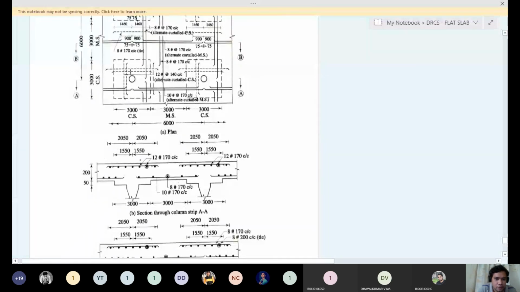See here it is shown as 12 dia 170 center to center, both in the negative and positive. And 8 dia 170 center to center.